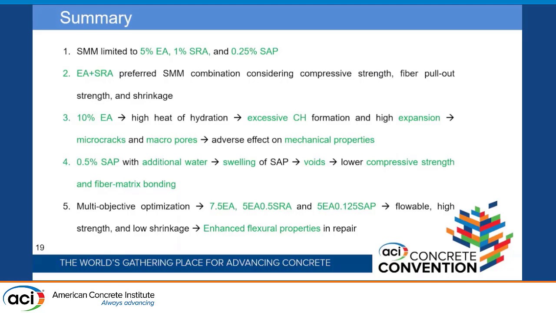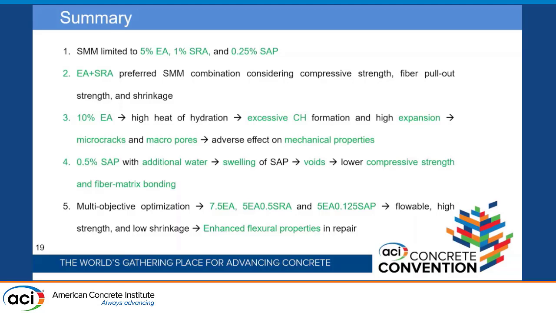In summary, shrinkage mitigating materials limited to the medium level investigated in this study, like 5% EA, 1% SRA, and 0.25% SAP, are preferred to keep a good amount of mechanical properties. The coupled effect of EA and SRA is preferred to have good mechanical properties and perfectly compensate for shrinkage.